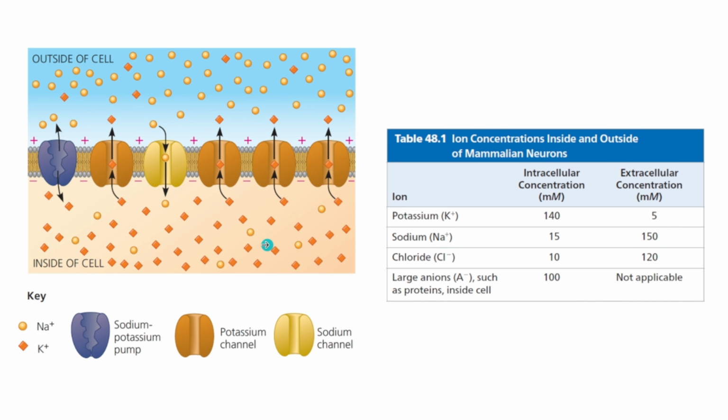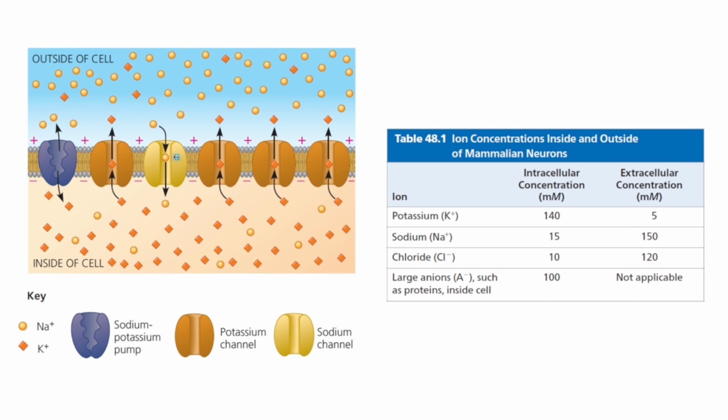Potassium ion comes out from the neuron very easily. Why? Because the sodium-potassium pump only pumps 2 potassium ions into the cell each time, but we have many potassium channels which can easily diffuse potassium out from the neuron compared to sodium.